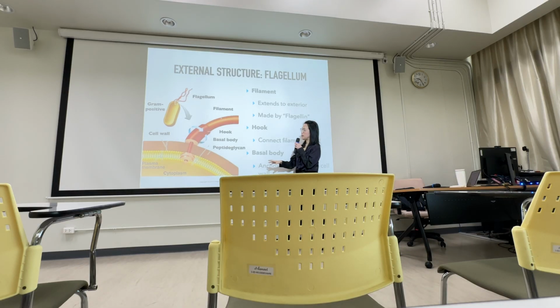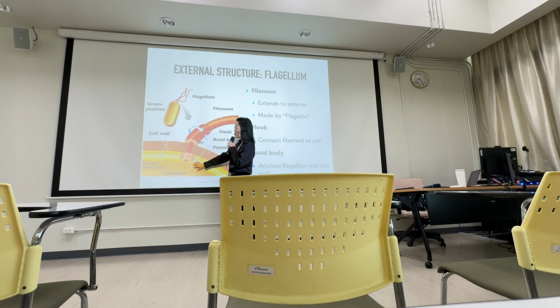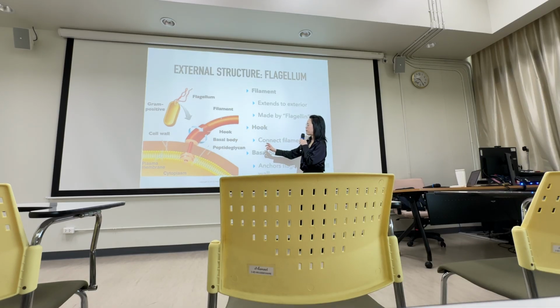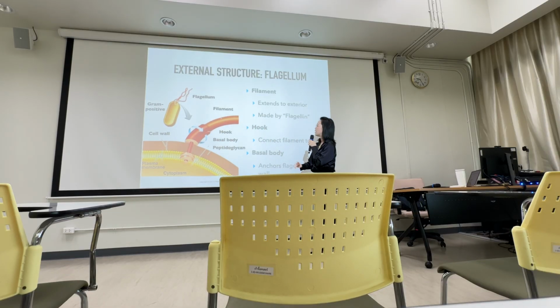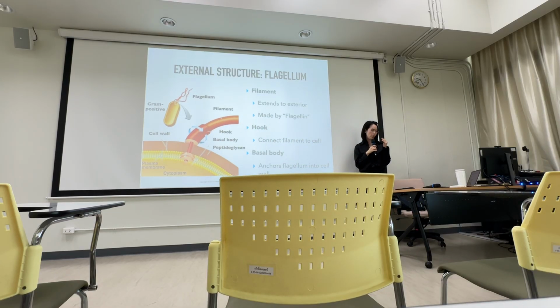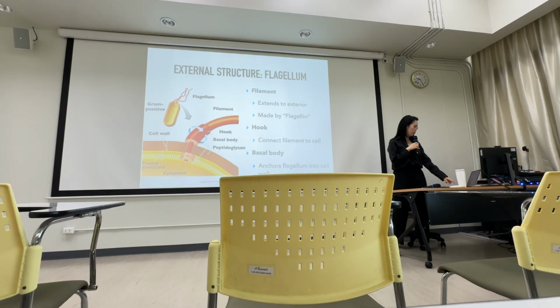The basal body is the part that attaches to the cell membrane of the bacteria, so it helps to move the flagellum. The hook part is the part that connects the basal body and the filament part. The filament part is the part used for controlling the movement.